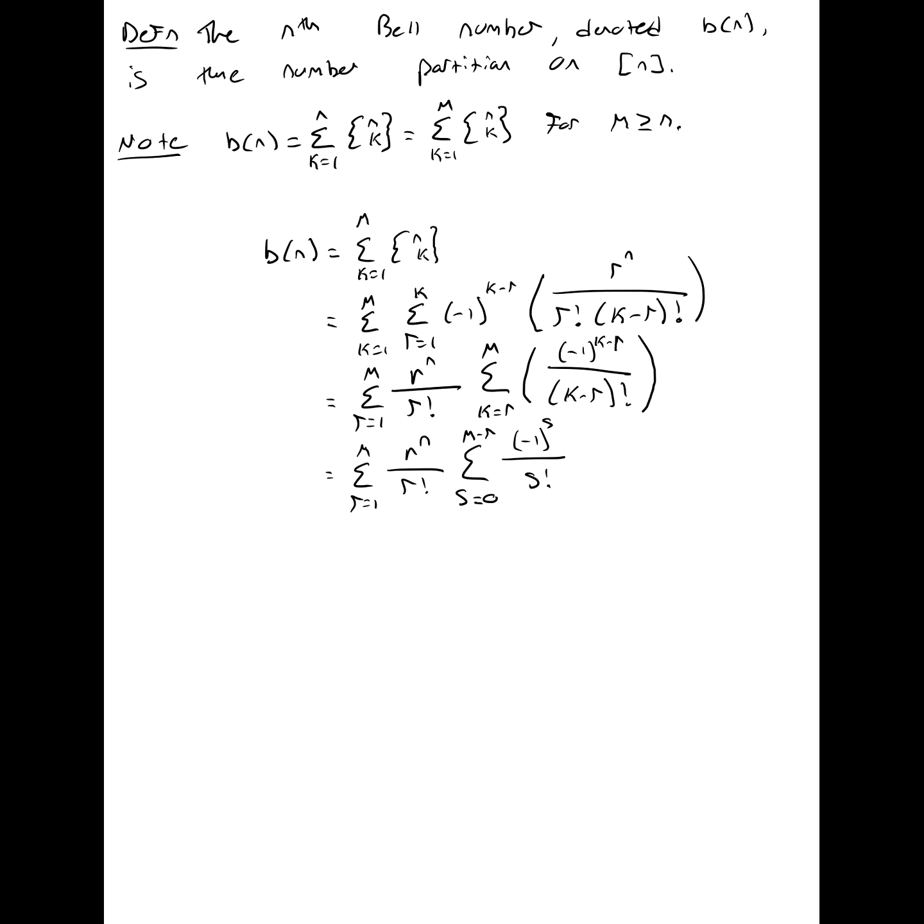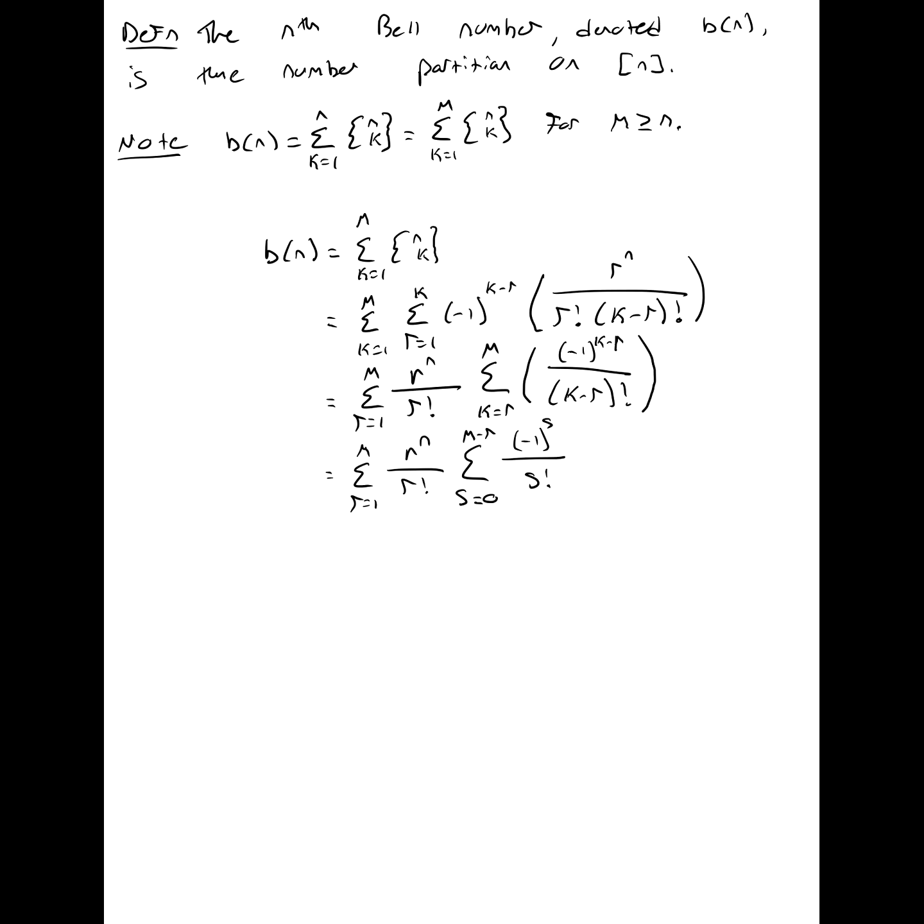Now, why did I really insist on making m larger than n, as I said you'd see in a second? The reason is that it doesn't matter how large m is.